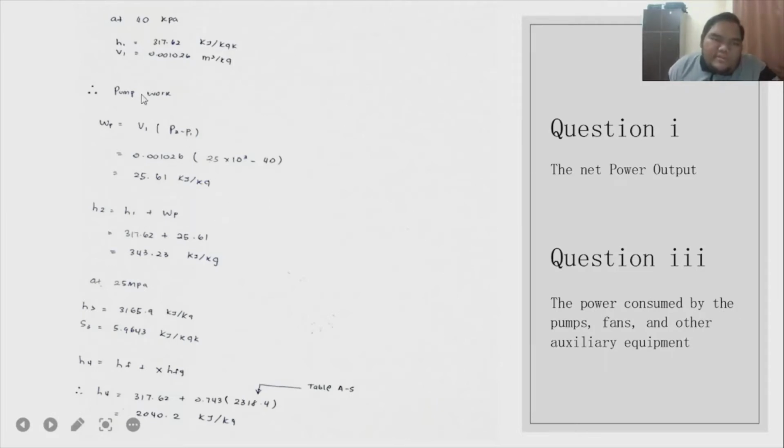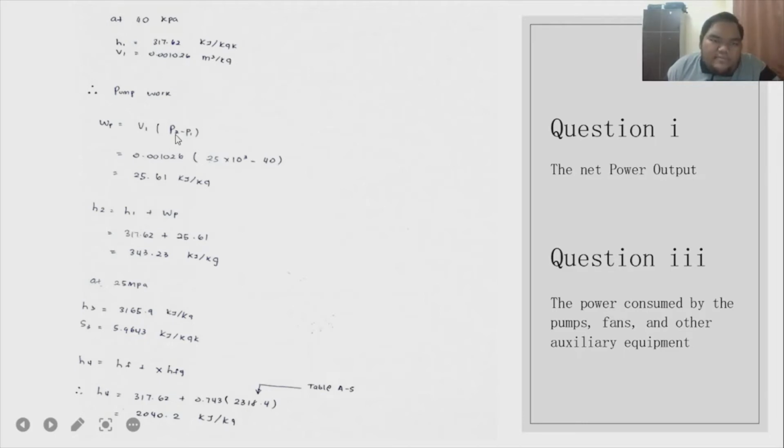Based on the calculation, pump work W_P equals to V1 times P2 minus P1. The V1 we got from the previous calculation, which is 0.001026 meter cube per kg.